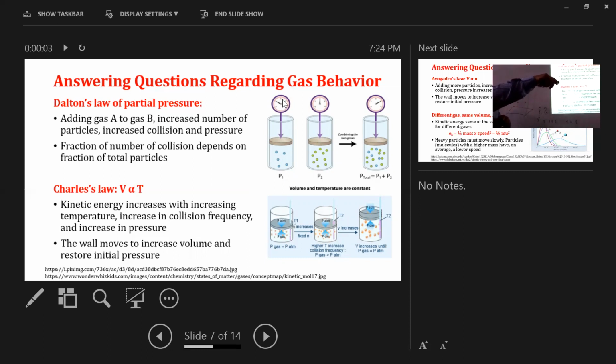We have 5 molecules and 10 molecules. When there are 5 molecules, they have some possibility to strike the wall or even strike themselves, so we will have a certain amount of pressure. Again, we have these 10 molecules.